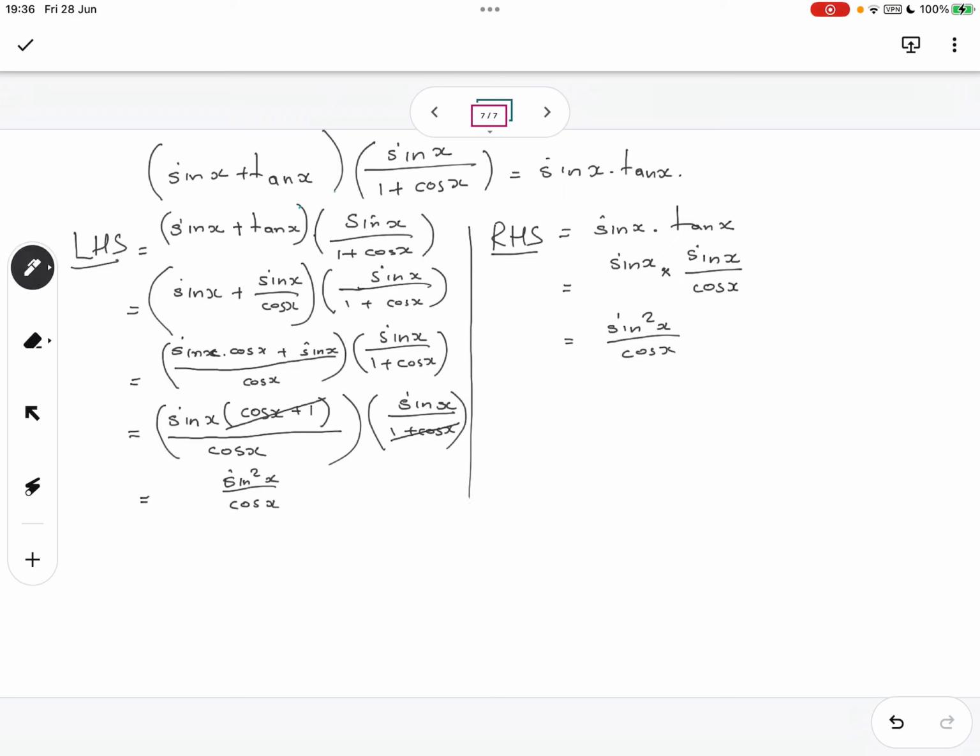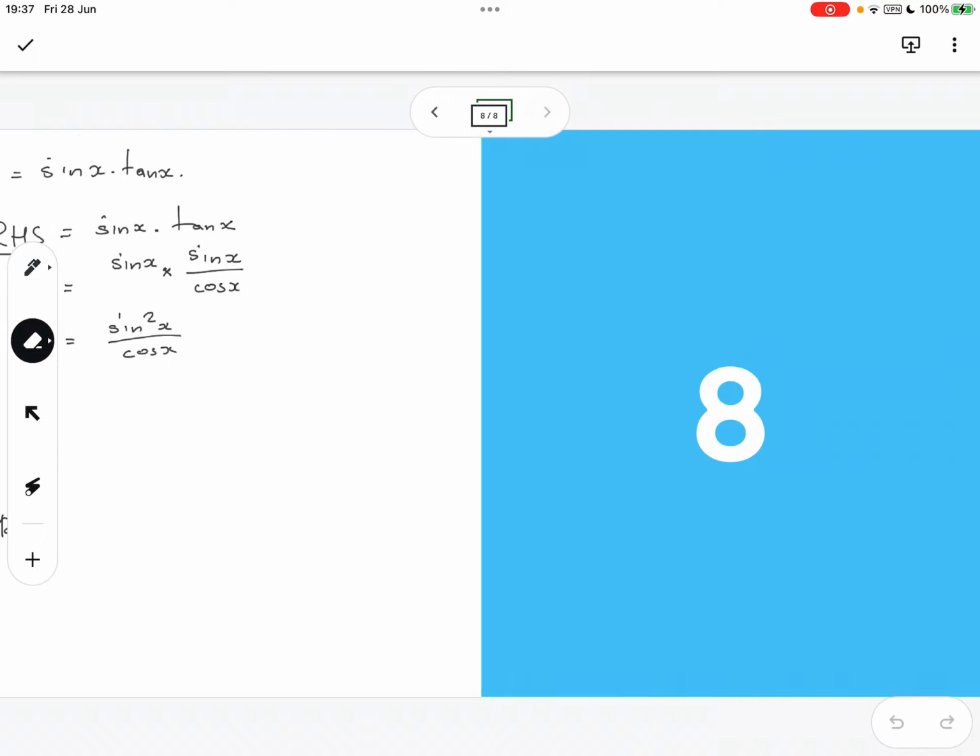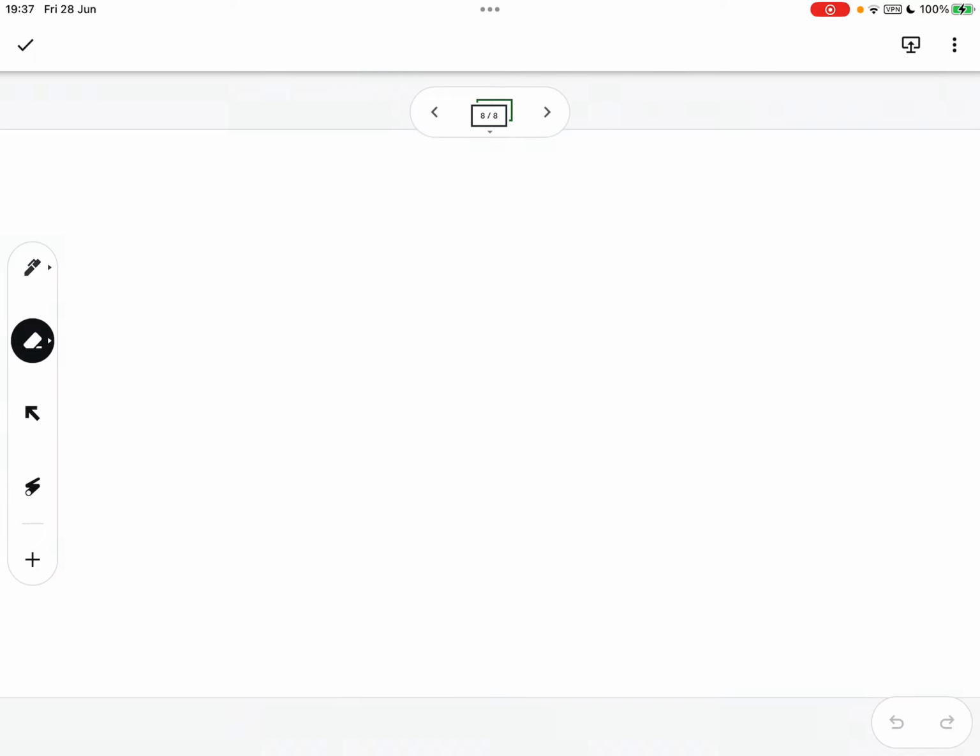And at this juncture, the left hand side equals the right hand side, but again, x must not equal 90 degrees plus k times 180 degrees, because if that happens, then my denominator is, oh no, maybe that's not the case here, because even if cos x is 0, I still have a positive denominator, so I don't need to worry about the limitations on the denominator on this one.